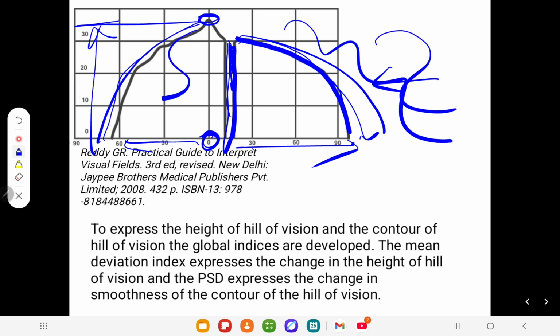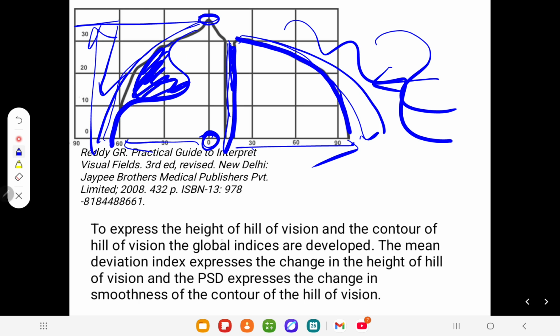For example, the contour goes like this and this area is defective. So one thing is the height of the hill of vision decreases, that means mean deviation. Another thing is the contour becomes more irregular, that's pattern standard deviation. So these are the two things we are going to discuss: mean deviation and pattern standard deviation.